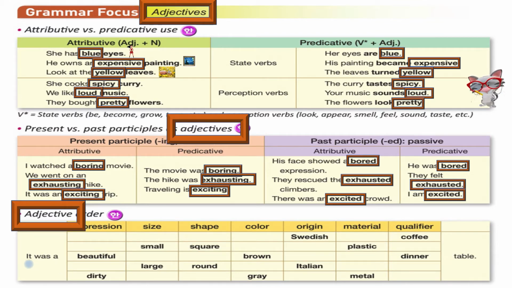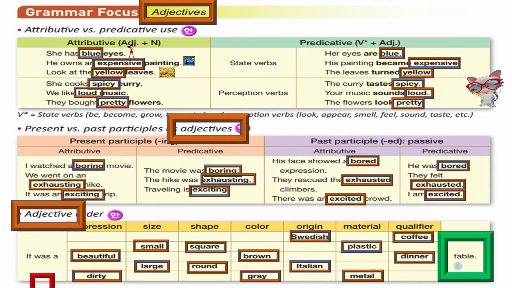So here at the bottom, it says it was a table. And then after the and before the noun, you can have many different adjectives. Green is noun. Red is verb. Okay. And orange are adjectives.